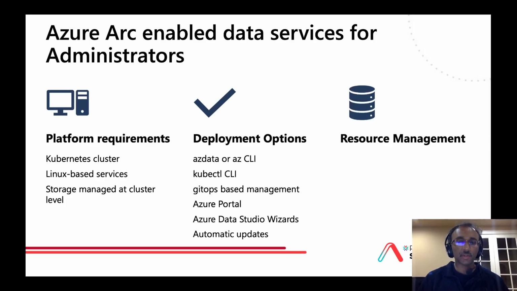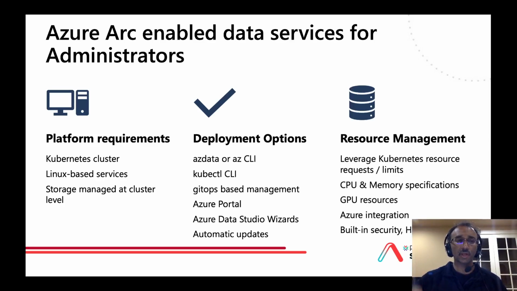Same with backups. As for resource management, you now do it at the Kubernetes cluster level, where you can set up limits. You can enforce policies like, a particular SQL instance cannot get more than, say, 16 CPUs on this node.